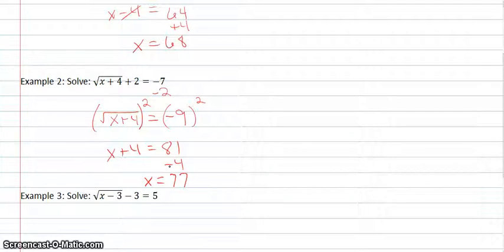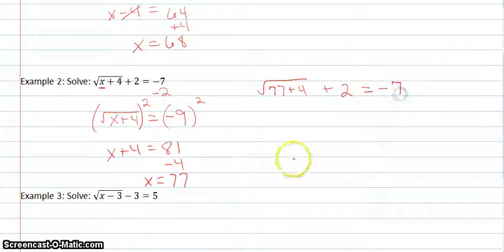Now many times when you're solving a radical equation, you may need to check your answer, and I think this may be one of those times. So we're going to put 77 in for x here. So we have the square root of 77 plus 4, and then plus 2 equals negative 7. So 77 plus 4 is 81.